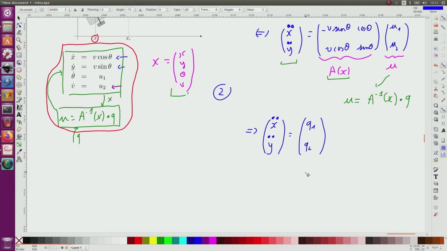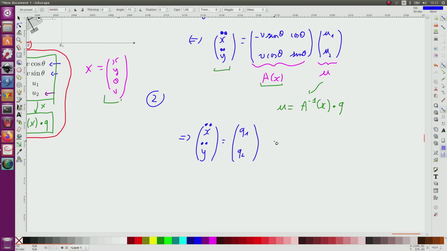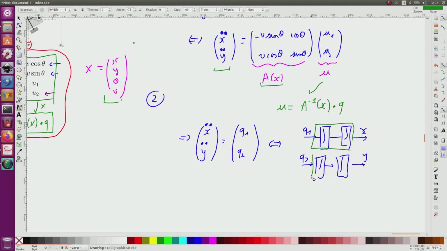It is my new input. So this corresponds to, if here I have q1 and q2, I have a double integrator which generates x and a double integrator that generates y. And I know how to control this one. I know how to control this one. Both are decoupled. So for this, I will use what I have obtained in the first part of the exercise.